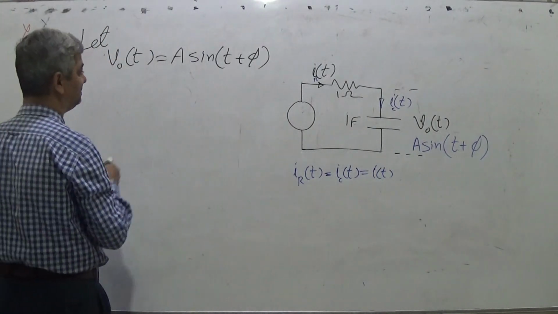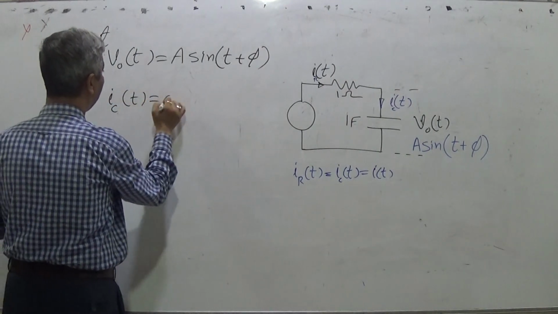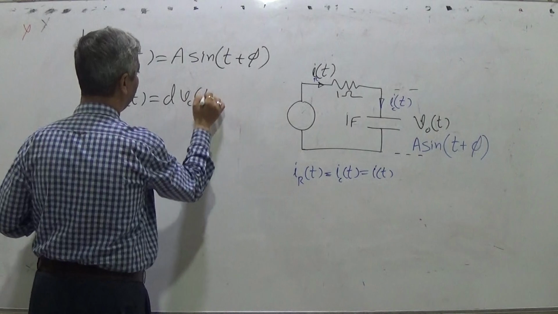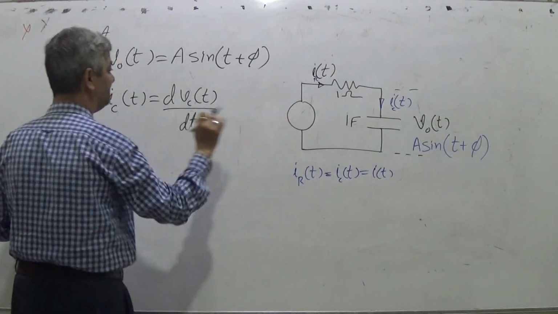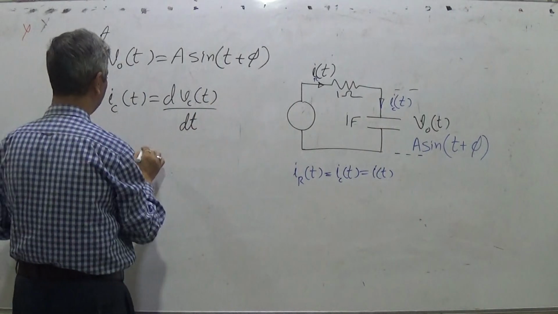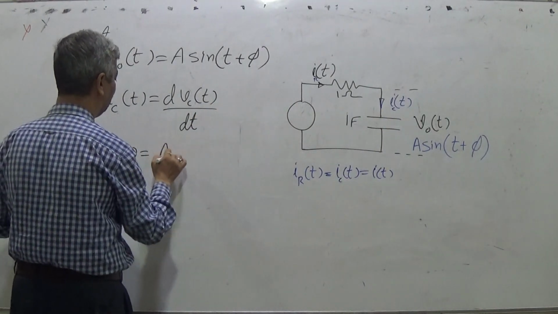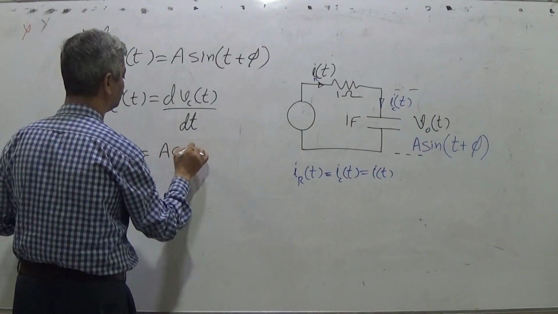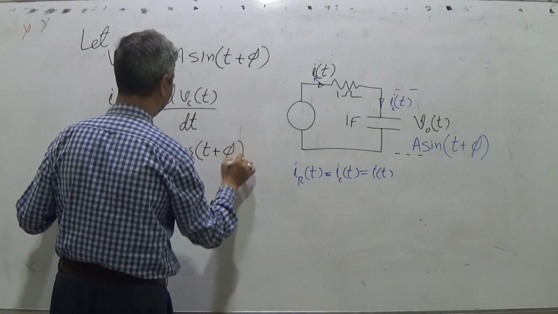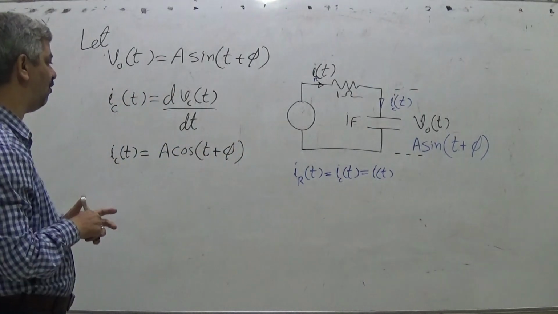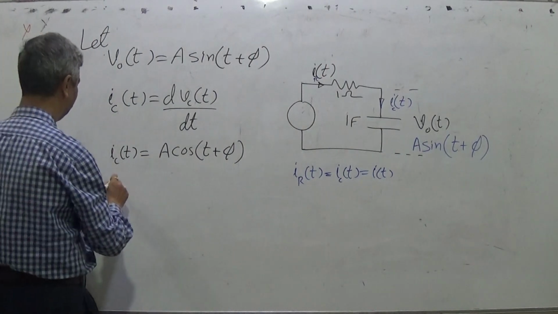iC(t) is very obvious. iC(t) is dVc(t)/dt. But what is Vc? Vc is Vo(t), which I have assumed as A sin(t + φ). So iC(t) is A cos(t + φ), since ω is 1. What is iR(t)?